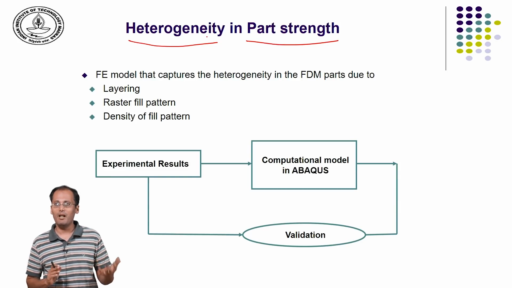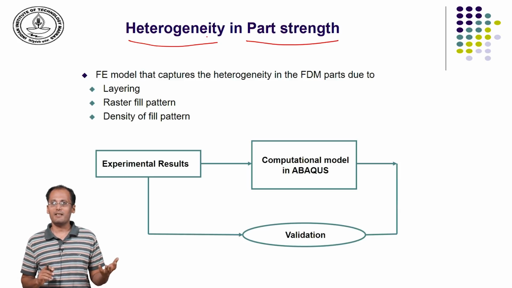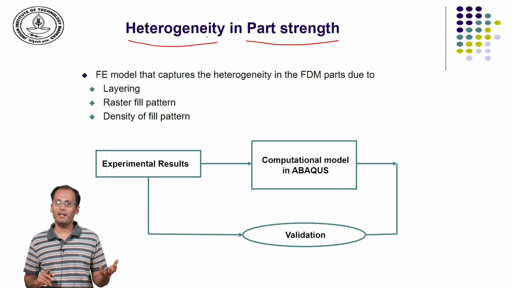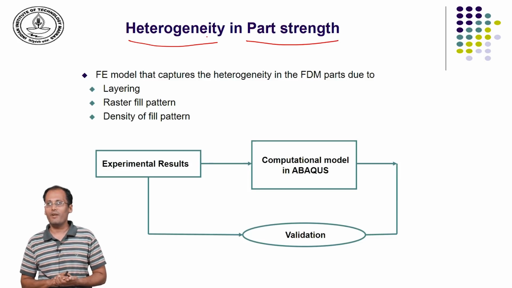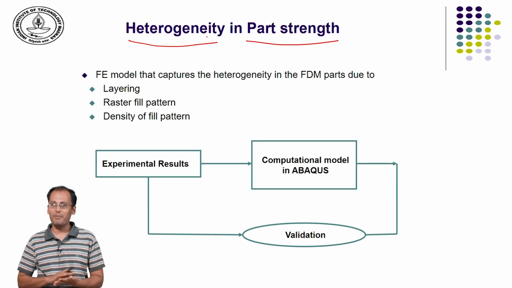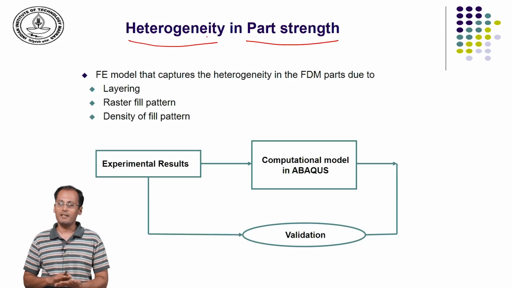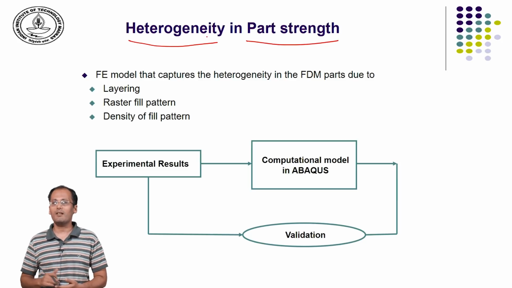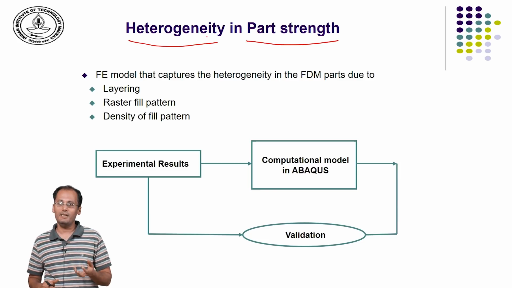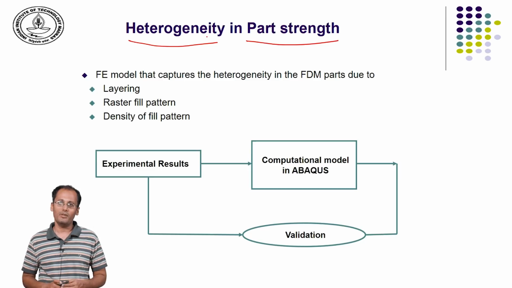Even though my model is isotropic, I wanted an isotropic model, but because I am building the part in an additive fashion, I will introduce anisotropy. The properties in the transverse directions will have certain values, and the properties along the build direction will be different. So, if I change the part build orientation, the part strength that I am going to get is going to be different.